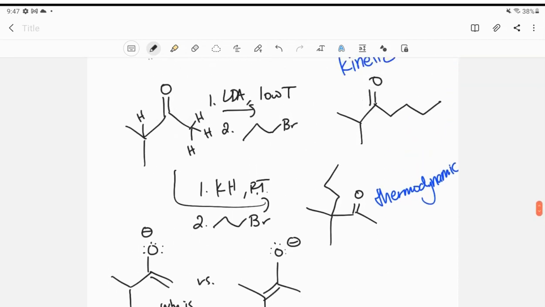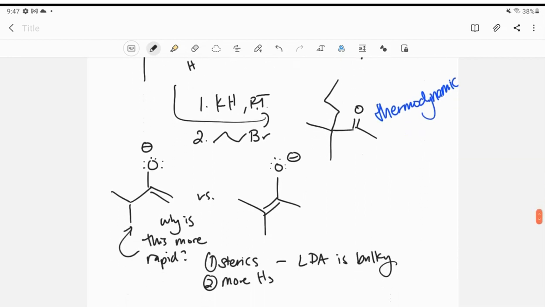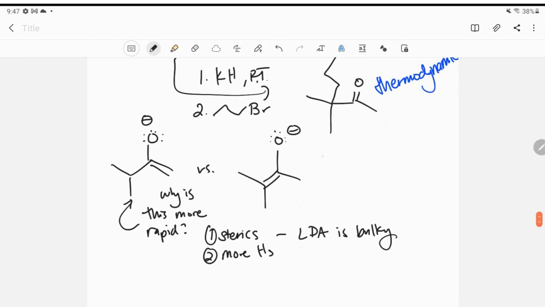So we have our LDA at low temperature. That'll get us the kinetic product. With KH at room temperature, we're going to say that, of course, this is more stable. This is the more stable enolate because it's more substituted, right? We have a tetrasubstituted double bond that is more stable than having it terminal like the kinetic intermediate one is.